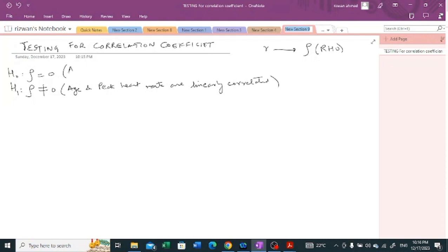Whereas in H1, we write down the statement contradictory to the one we have written in H naught: age and peak heart rate are not linearly correlated or related.